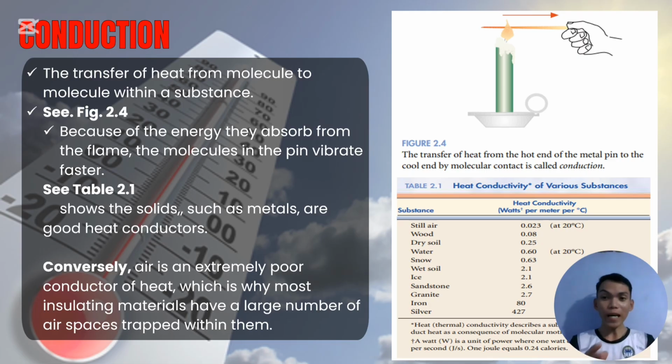At this point, let us discuss how heat is transferred. First we have conduction. This is when heat transfers from molecule to molecule within a substance. Just like the figure shows, when a needle is held in a candle at one end, the heat quickly transfers to the other end, since metals are strong conductors of heat, and on the other hand, woods are low conductors of heat.